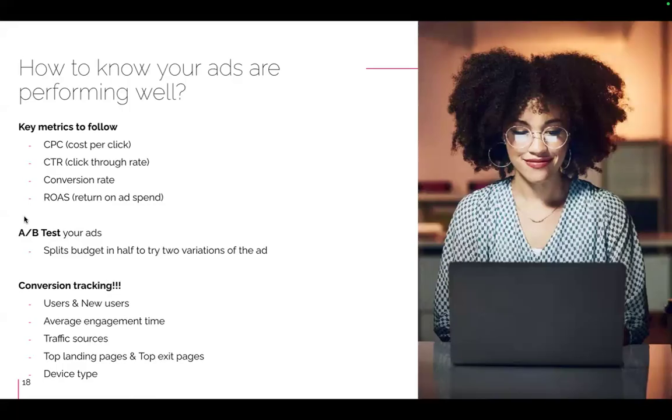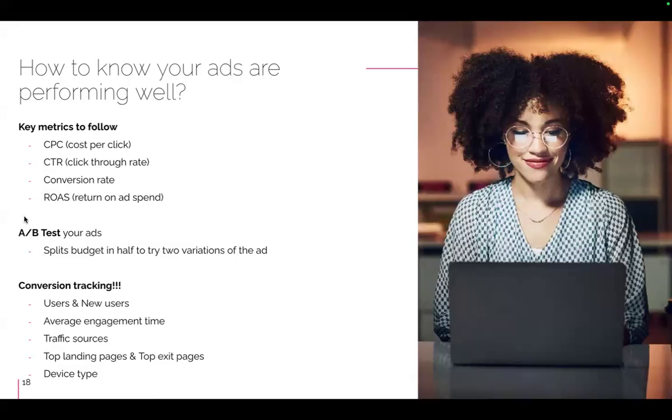it is conversion tracking. So how you know your ads are performing well is by tracking them. If you have your conversion tracking in place, you will know whether your ads are performing well. You will get data on users, new users. You will get their average engagement time. You can see what page they always land on, what page they always exit from, and what source the traffic came from.